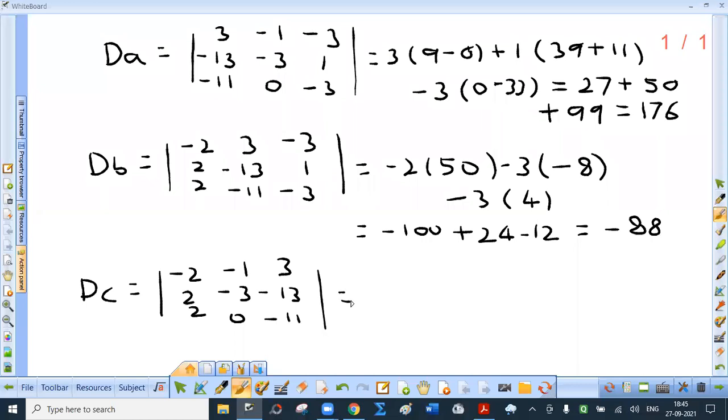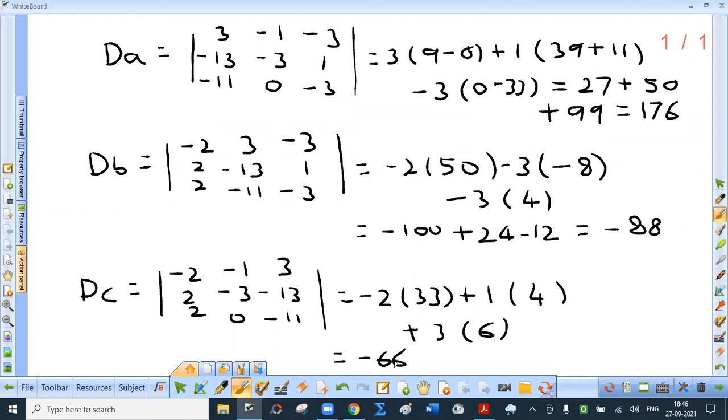Yes, expand this. So it is minus 2 into 33 only, plus 1 into minus 22 plus 26. I'll directly write 4, plus 3 into 0 plus 6, that is 6.